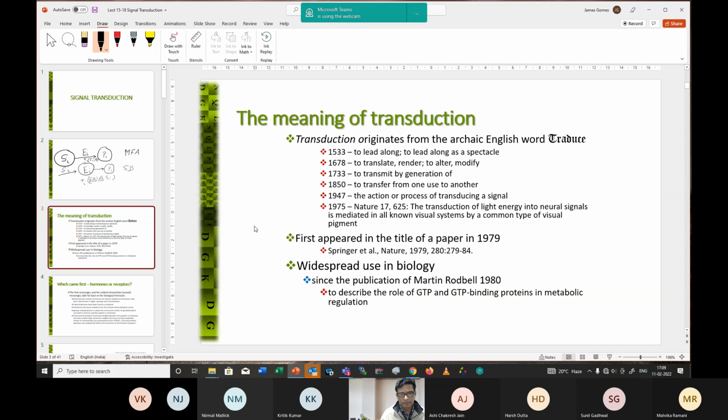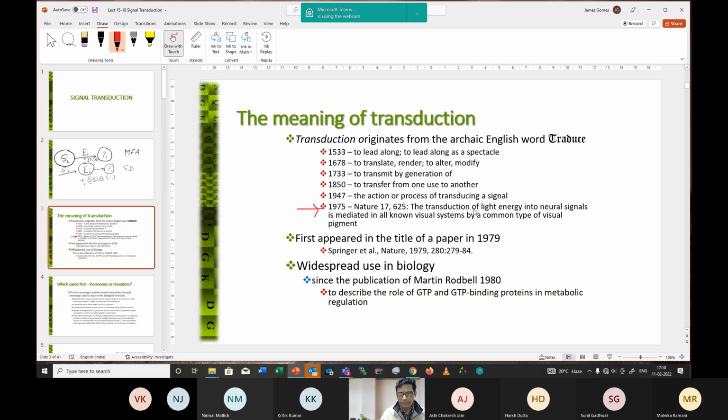To do this, we have these statistics on when the word was first used in English, archaic uses, all those things. But the interesting thing is this last point here. What it's telling you is that the first time this came in a biology-related paper was in Nature in 1975.